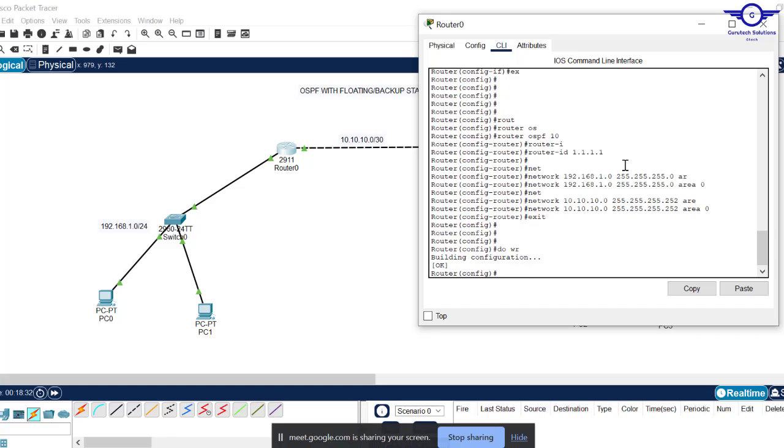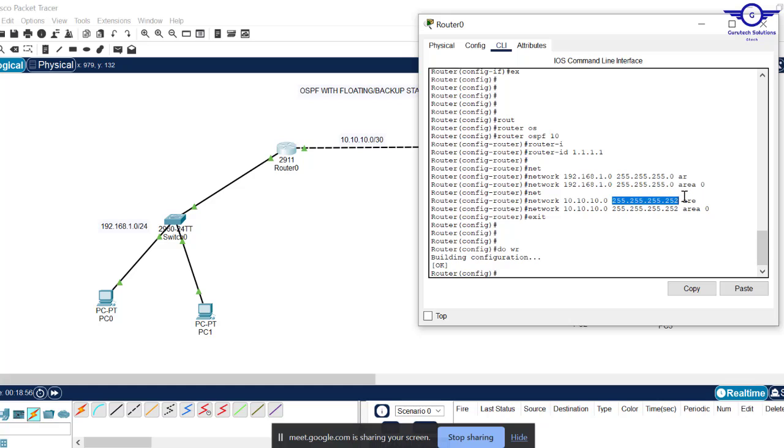So what I wanted to say, when we are configuring OSPF and EIGRP, we normally use what is called a wildcard mask. The wildcard mask is an inverse of the subnet mask. So the inverse of the subnet mask is what is called the wildcard mask.